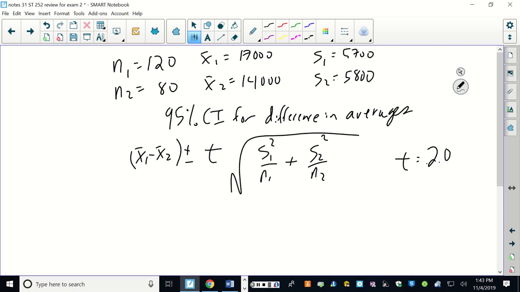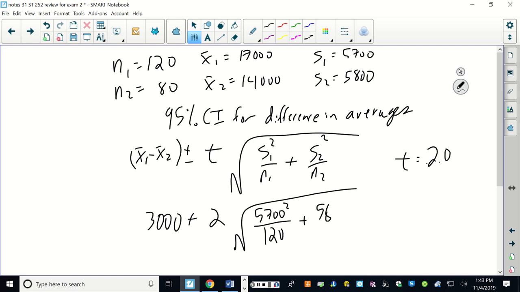You describe what you used, 1.97 or 1.98, and kind of wrote out a degree of freedom that you would think would be good. That would be fine. So this difference is 3,000 plus or minus 2 times the square root of 5,700 squared over 120 plus 5,800 squared over 80.